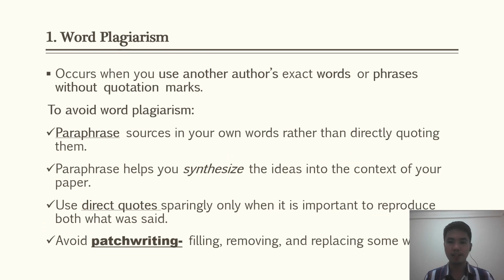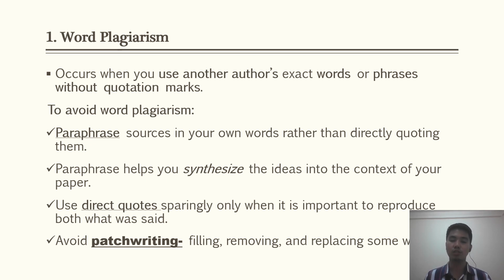Let's further understand what word plagiarism is. Word plagiarism occurs when you use an author's exact words or phrases without quotation marks. So to avoid word plagiarism, we should paraphrase the source in our own words rather than directly quoting it. Although a quotation would just be fine, if you want to paraphrase it, I think paraphrasing would be better.